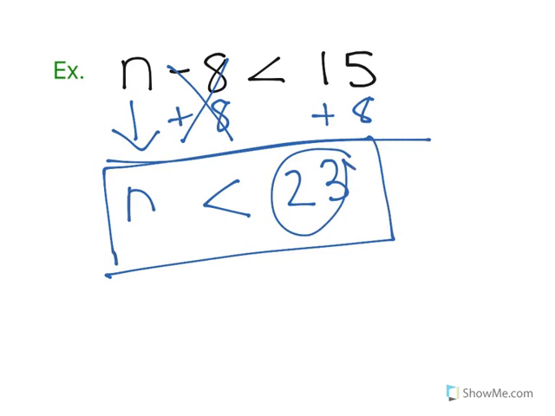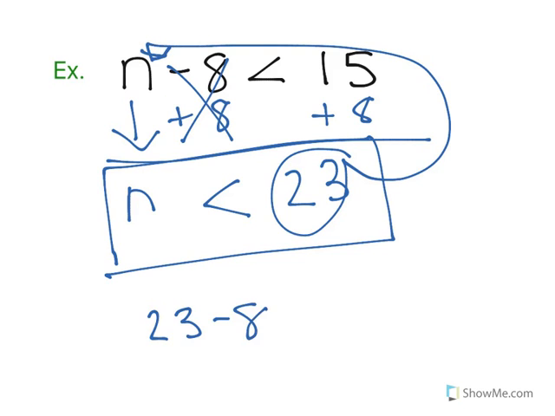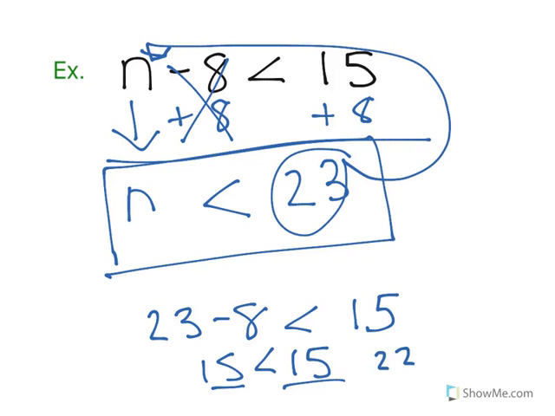Again, you can also plug in 23 into your variable to see if that checks out. So you can say 23 minus 8, is that less than 15? In this case, we're going to have 15 is less than 15. Obviously, they are equal, but if you had any number less than 23, say for example you plugged in 22 minus 8, is that going to be less than 15?